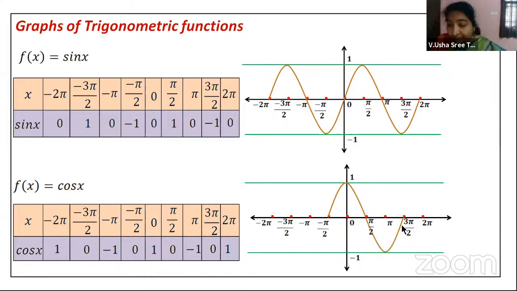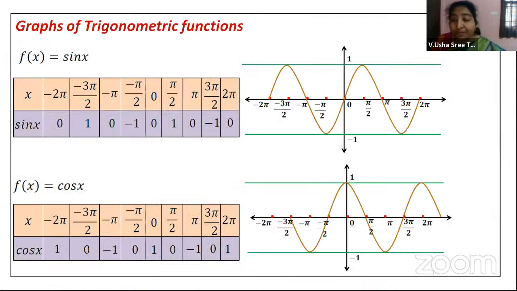And then from 3 pi by 2 to 5 pi by 2, again it forms another crest. Then in the negative direction, minus pi by 2 to minus 3 pi by 2, it is taking the negative direction, right? And so on. It continues.